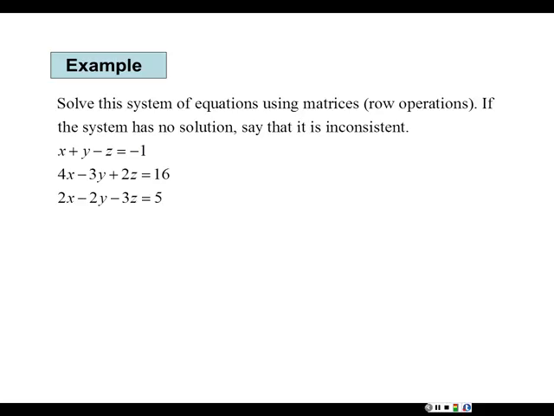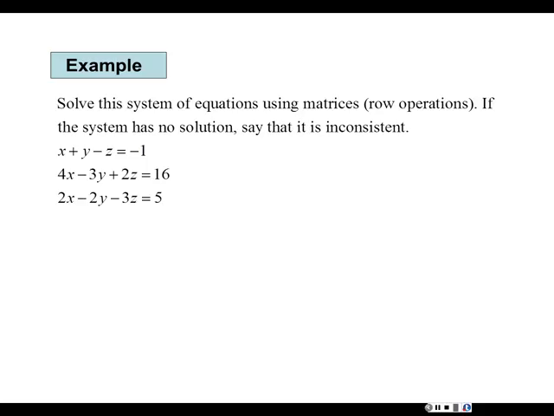So your rule is row 3 equals 4 times row 2 plus row 3. Row 1 is same, no change, 13 by 7. For row 2, still same, no change.